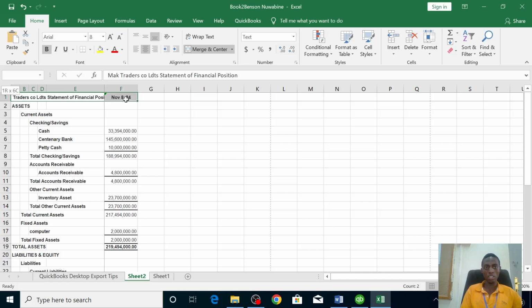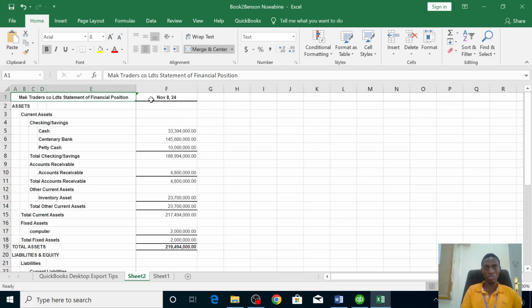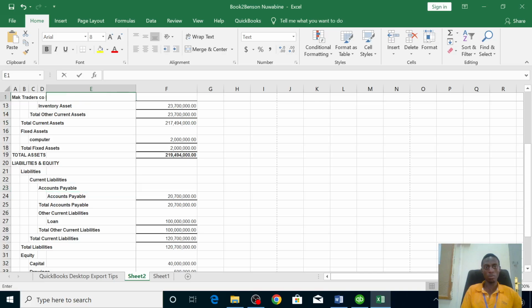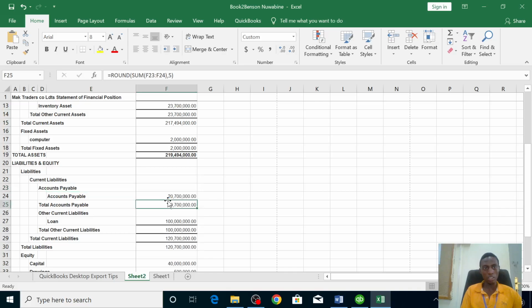You can just enlarge it. I rename this sheet as my balance sheet.